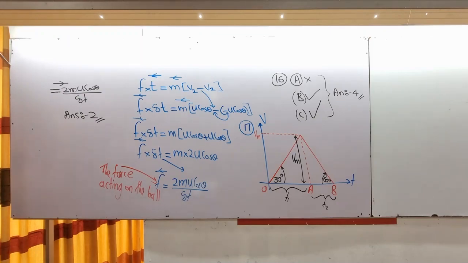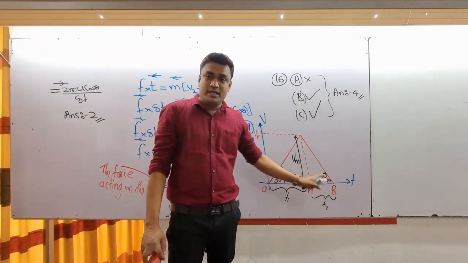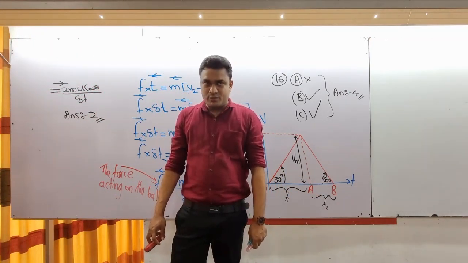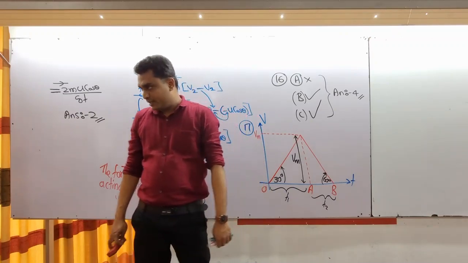The question asks us to find displacement during T1, S1, and displacement during T2, S2. The question asks us to find the ratio S1 over S2, right?